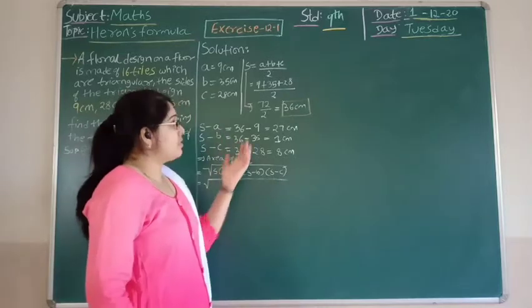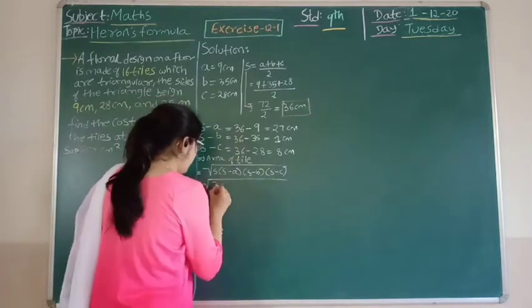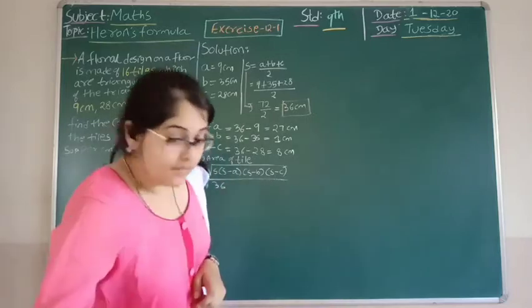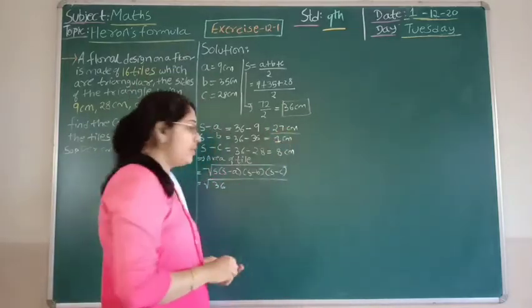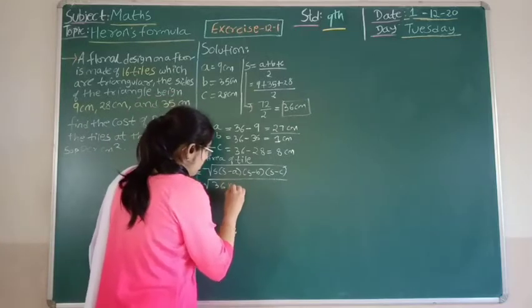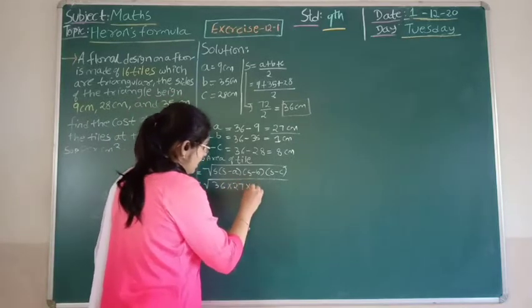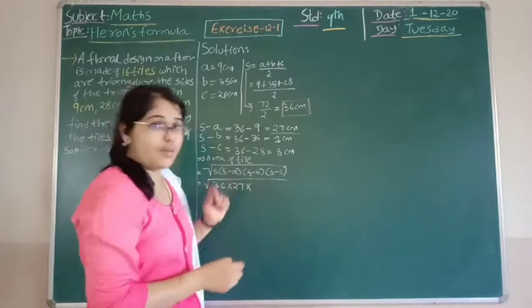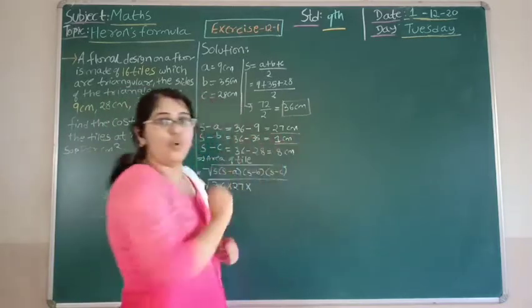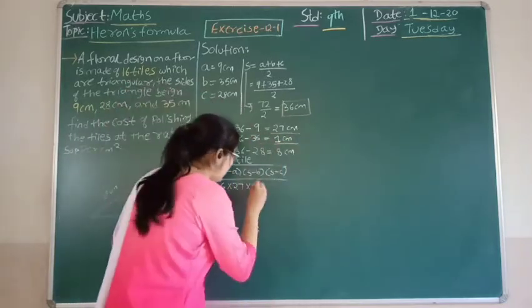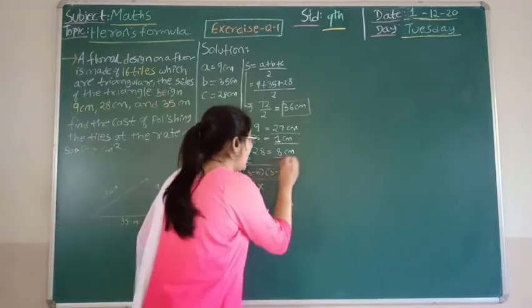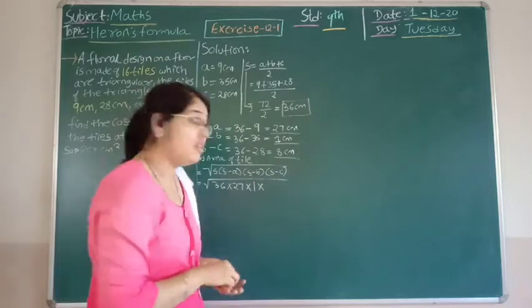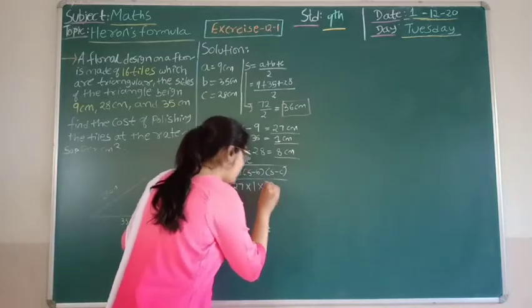And s is 36, so I am writing 36. s minus a is 27 centimeter, so into 27. s minus b is 1 centimeter, multiplied by 1, and s minus c is 8 centimeter, so into 8.